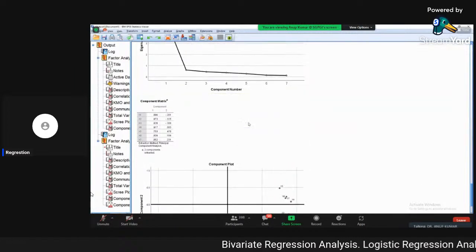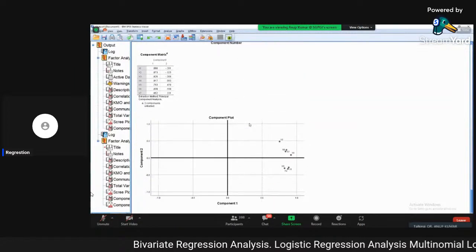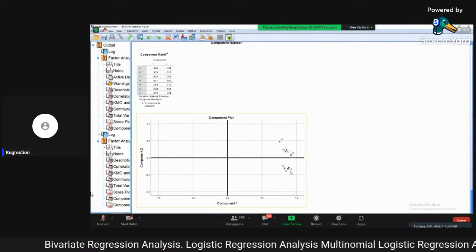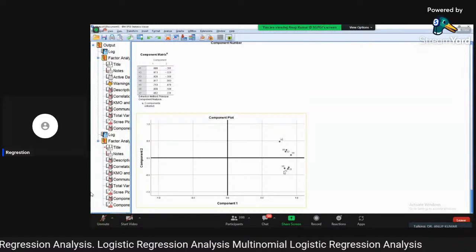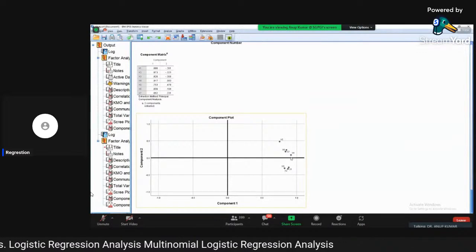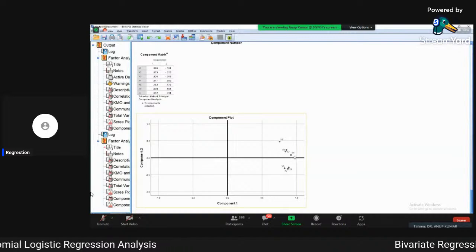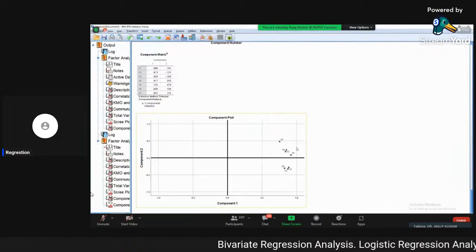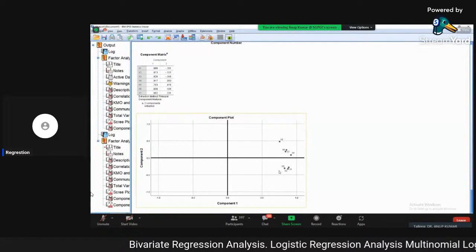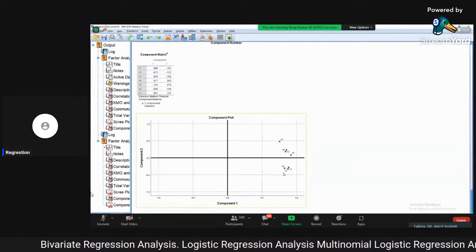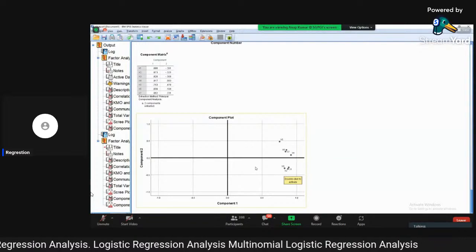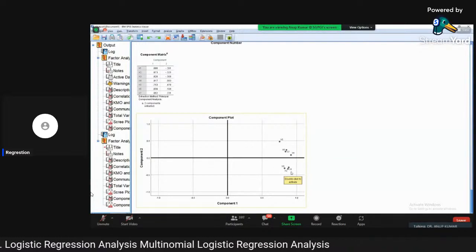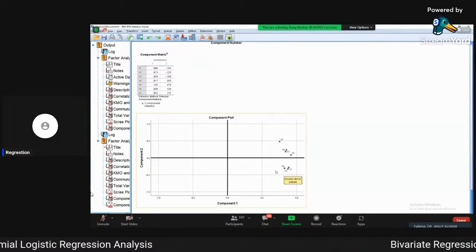And if I go to this scree plot, you can see that x1, x2, and x3 are very close to each other, and the rest, x4, x5, x6, x7, are close to each other. So obviously there are 2 factors playing a role here, and now you can think of what these factors are which distinguish between these 2 groups.